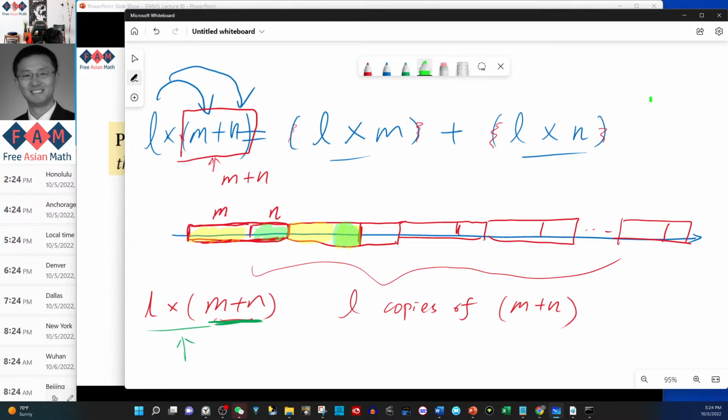So you can see that we can repeat this process: all the m copies in yellow and all the n line segments in green.